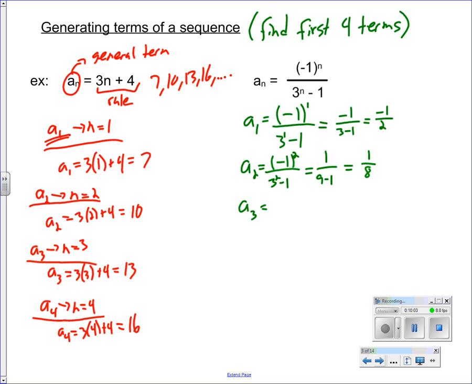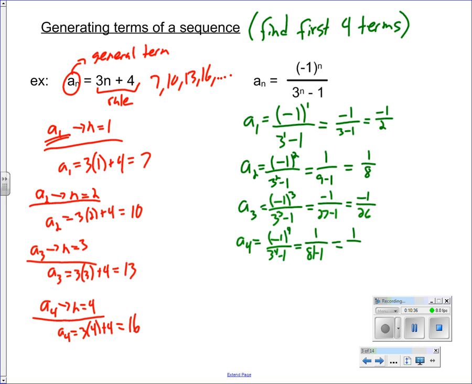For a3, we're plugging in n equals 3, so (-1) to the third over 3 to the third minus 1. So that would be negative 1 over 27 minus 1, make a negative 1 over 26. And last one, plugging in a 4, (-1) to the fourth over 3 to the fourth minus 1. So that'd be a positive 1 over 81 minus 1, to make a positive 1 over 80.